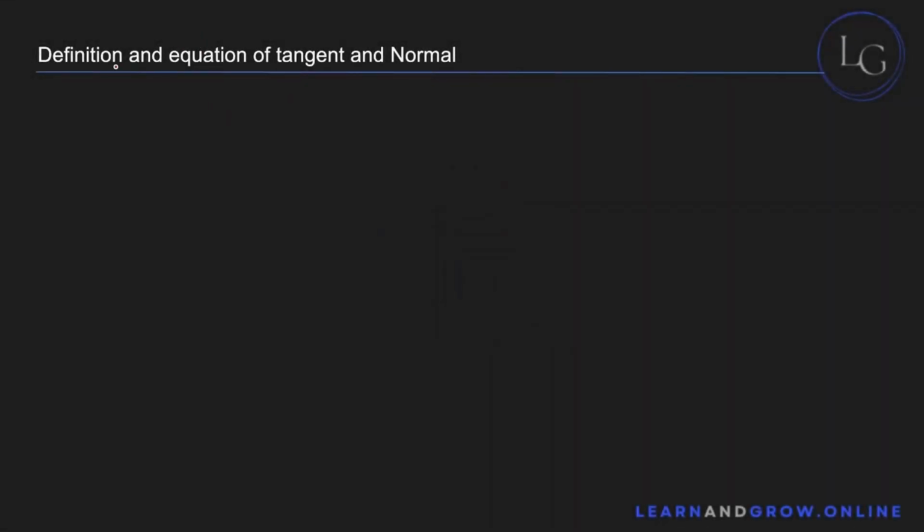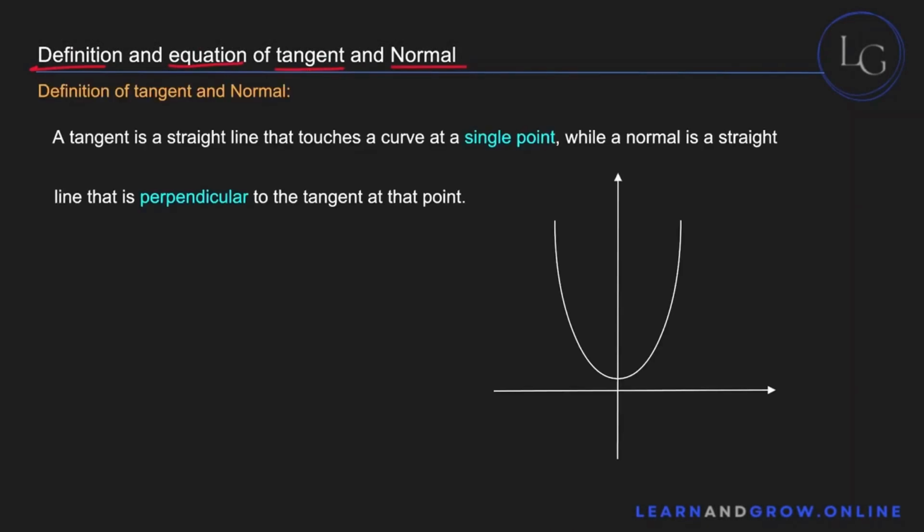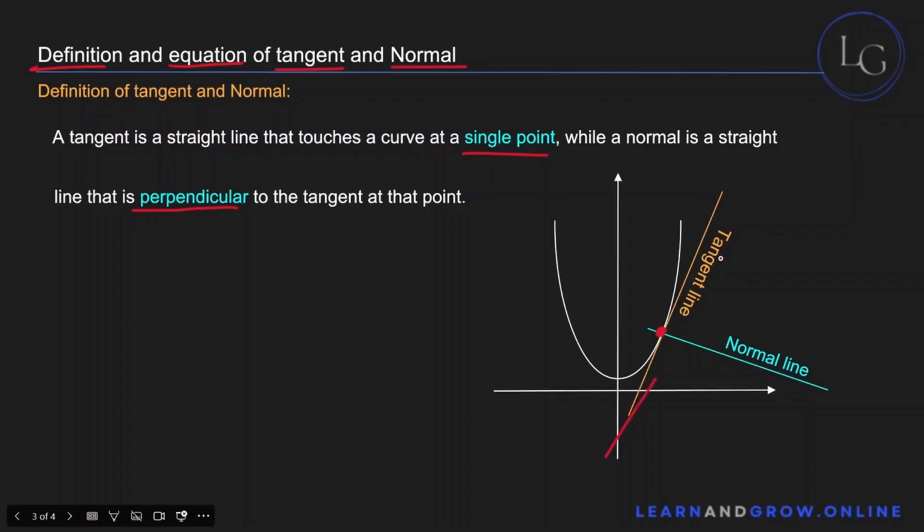Now let's discuss the definitions and equations of tangents and normals. Okay, the definitions first. A tangent is a straight line that touches a curve at a single point, and a normal is a straight line that is perpendicular to that tangent. So, for example, if you have this point over here, right, this tangent line just touches this point and then goes down, right?